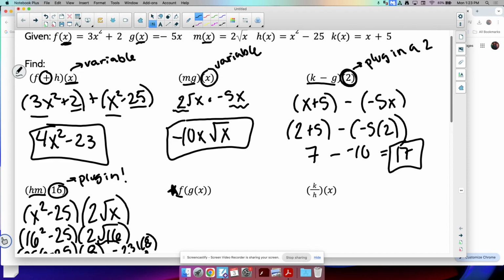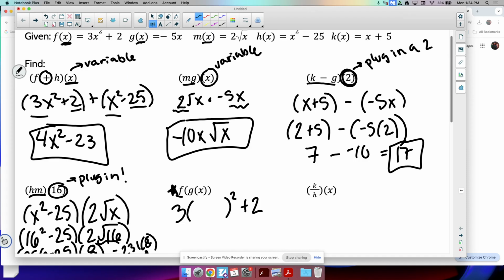And we look at f up top, it says 3x squared plus 2. X is your variable. So what f's equation means is 3, whatever I'm supposed to plug in, squared plus 2. That is all f means. X is your variable. Anything can be plugged in there. So your first step is you take that first equation and you write it down because it's the skeleton, the bones, the base of everything.